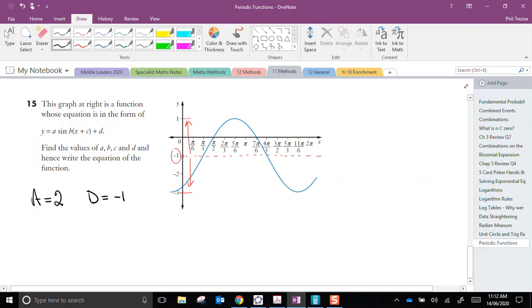The next thing I want to do is try and figure out the period of this thing, how long it takes to cycle. So I note here that that's 2 pi, and if I run straight downwards from 2 pi to that point, that seems to me, just by eyeballing, that that's exactly equivalent to that point there.